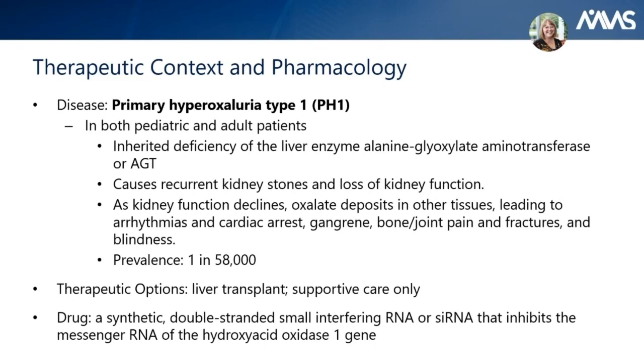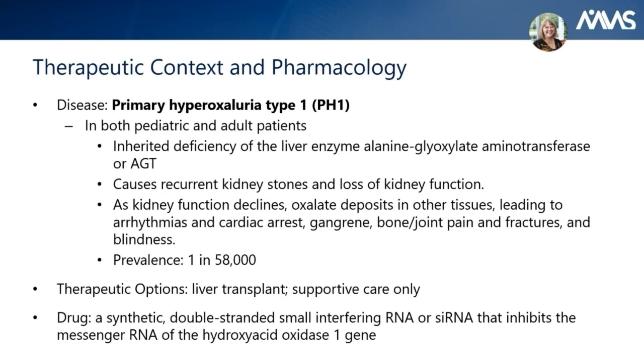Just to wrap up therapeutic context, at the time of this application, there were a few interventions available to address the buildup of calcium oxalate and the crystallization that forms. And while these were useful in some patients, many patients still progress. Liver transplant does replace the missing enzyme, which leads to disease resolution, but as you can imagine, it comes at a very high cost to the patient's health and welfare.